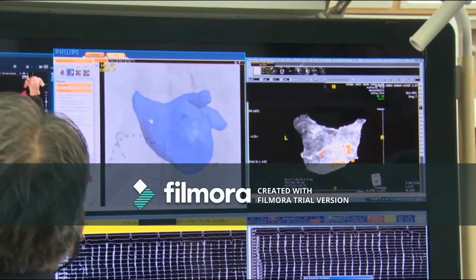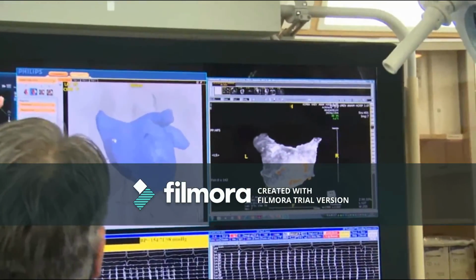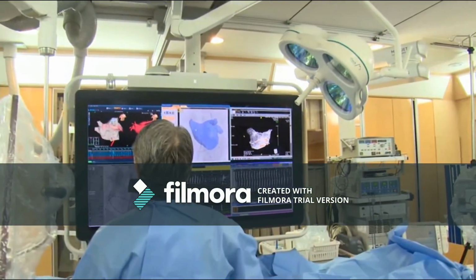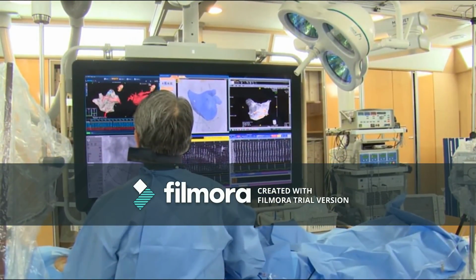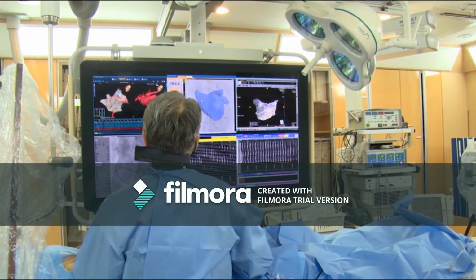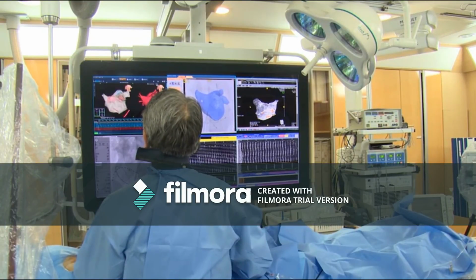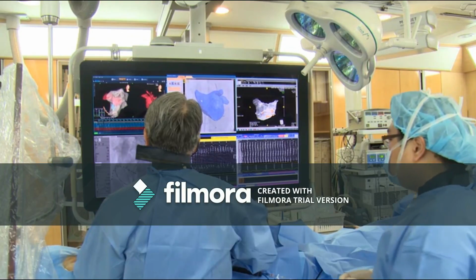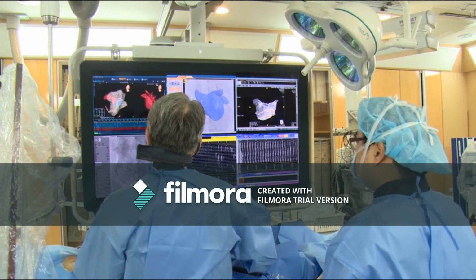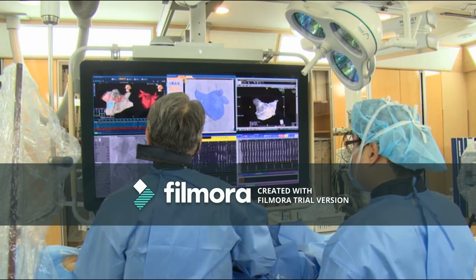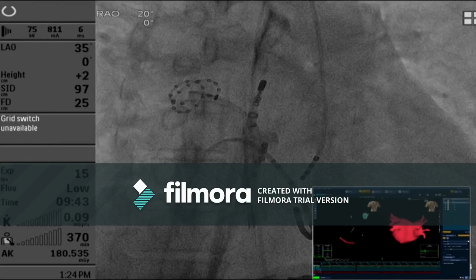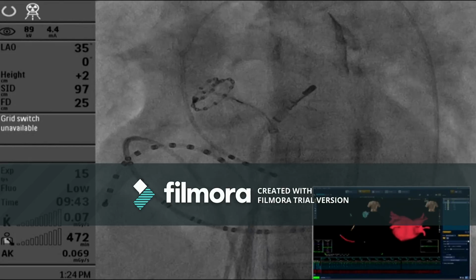Perimitral, posterior perimitral isthmus area under the RIPV. So we start with geometry from the RSPV now.